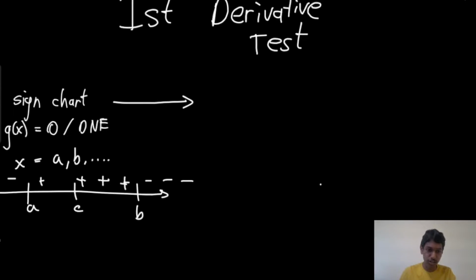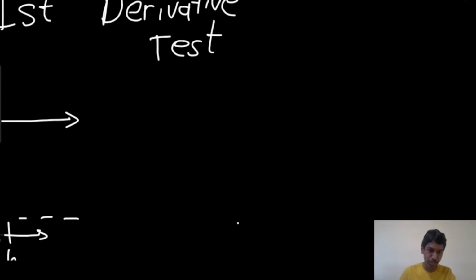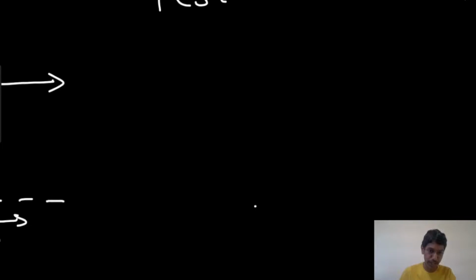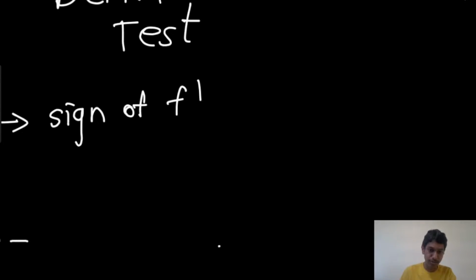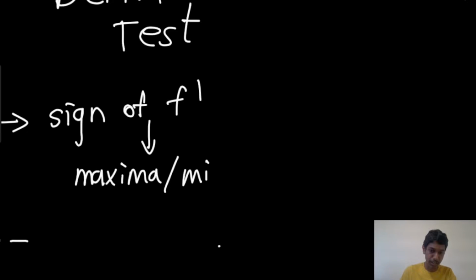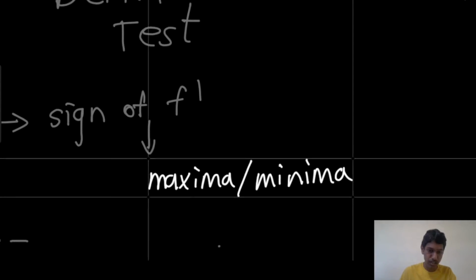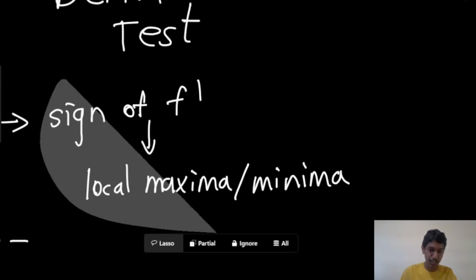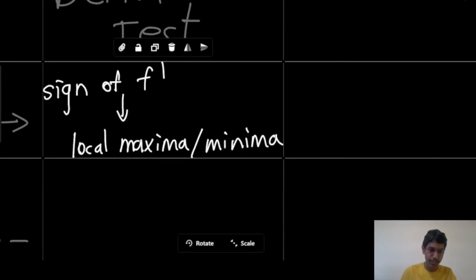Now, with sign charts, one function that we're particularly interested in is the function f prime. Now, the sign of f prime can tell you information about the local maxima or minima, and you might also hear the phrase extrema, of f.